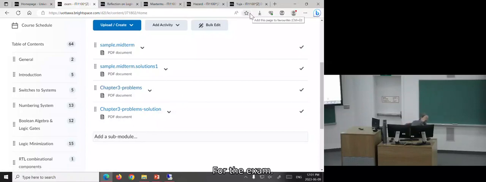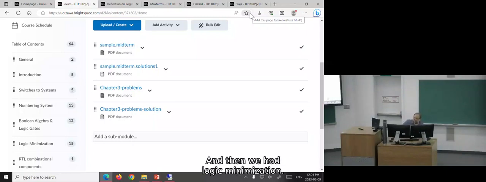Okay, for the exam, what we had was binary logic, binary rules. Then we had gate realization, so you could implement any kind of function using gates.